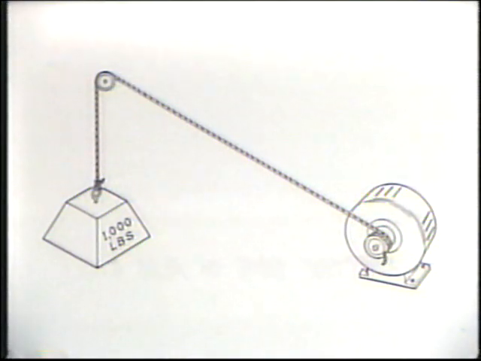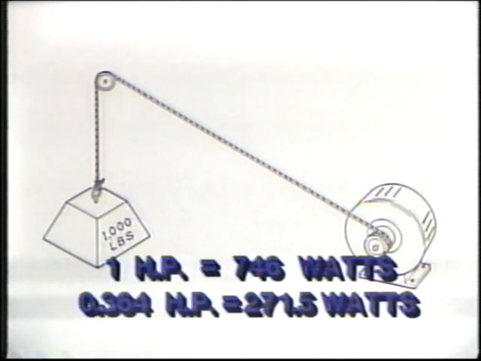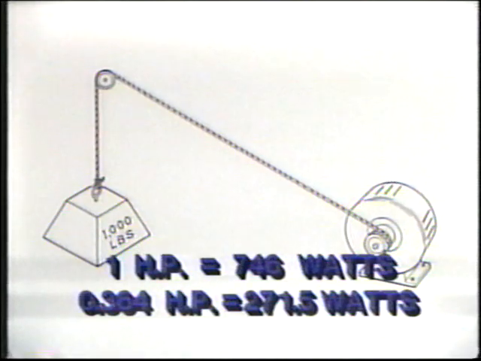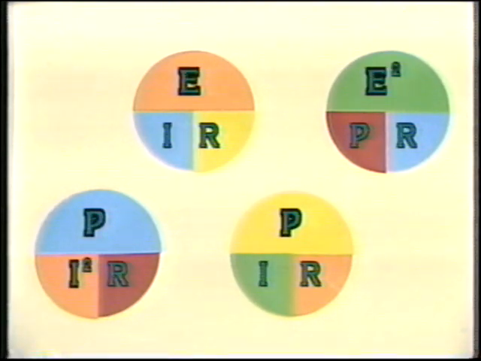If 1 horsepower is equal to 746 watts, 0.364 horsepower is equal to 271.5 watts. Find the appropriate formula to find the value of current when power and voltage are known.